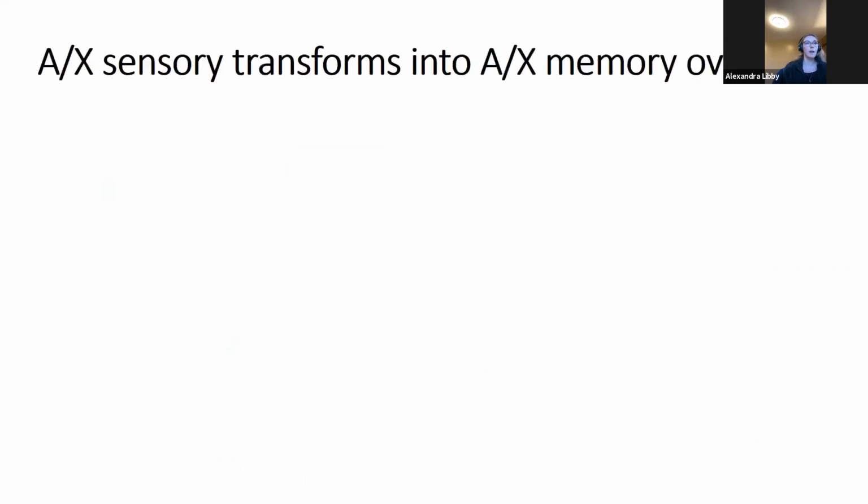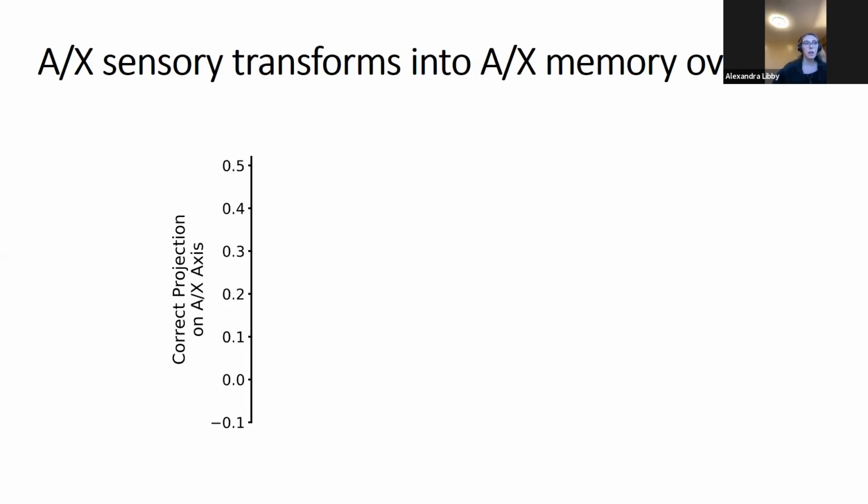So what I want to hammer home is that this AX information transforms over the course of the sequence. And I hope this will get at your question, which is sort of like, where does information lie along these axes over the course of the sequence? So what I'm going to plot on the y-axis here is the extent to which AX information is correctly encoded.